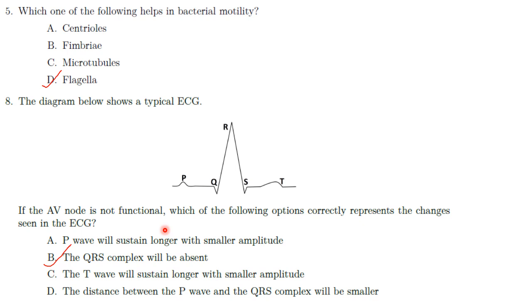So ventricles will not contract means this portion, that is the QRS complex, because it represents ventricular depolarization or ventricular contraction, will be absent because the AV node is not functional. So the answer here is option B, the QRS complex will be absent.